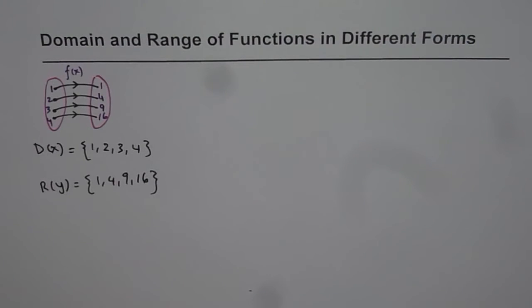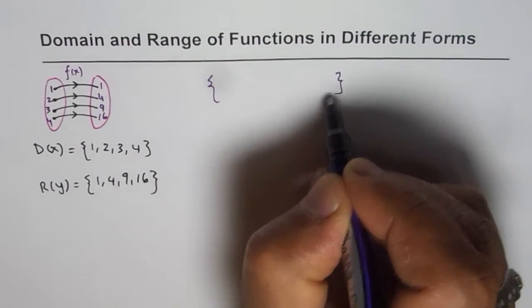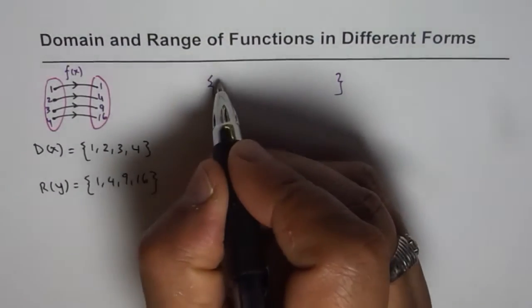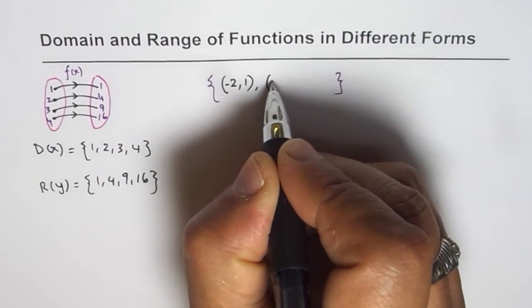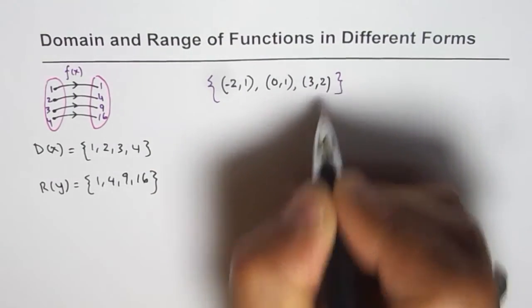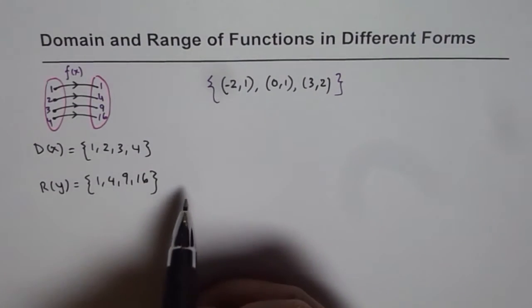Now if I give you a function in the form of coordinate points, set of points, which is kind of like this, let's say (-2, 1), (0, 1), (3, 2). Then how are you going to write domain and range for this function? Well, all x values represent the domain.